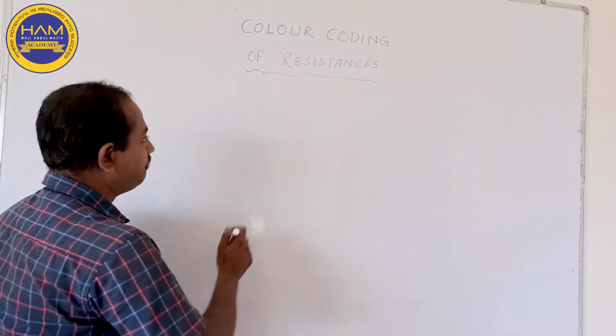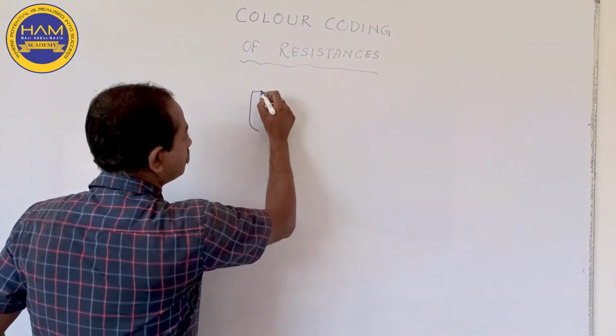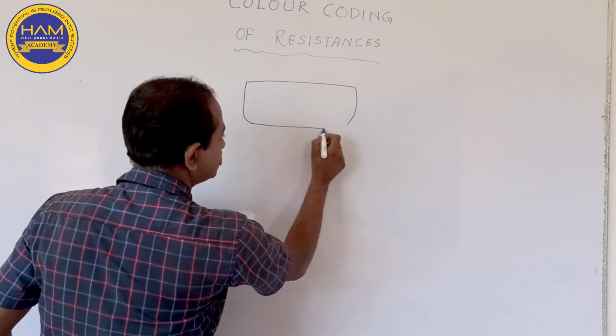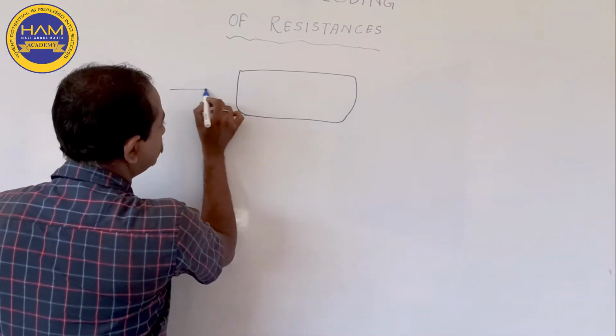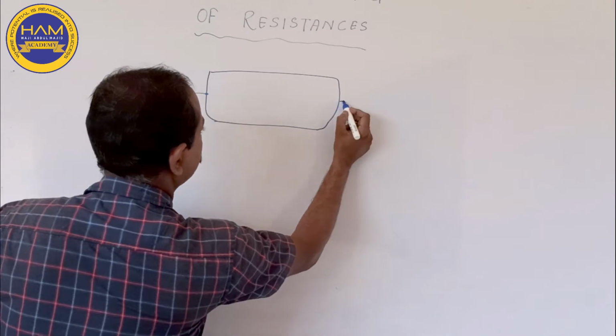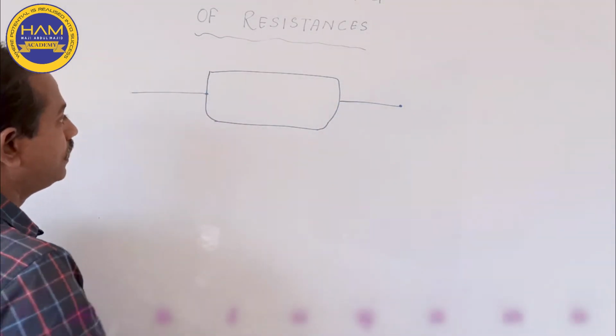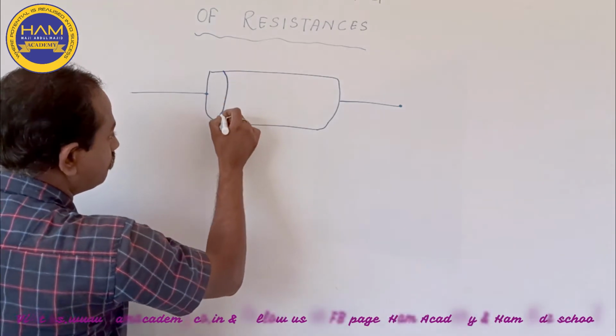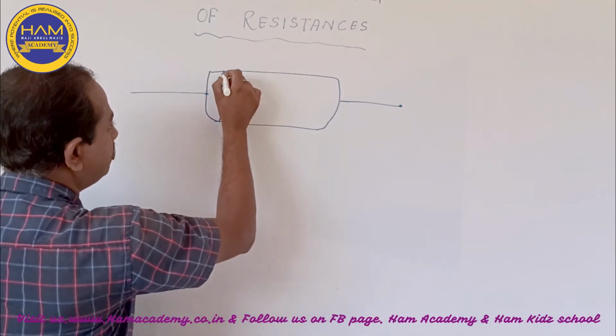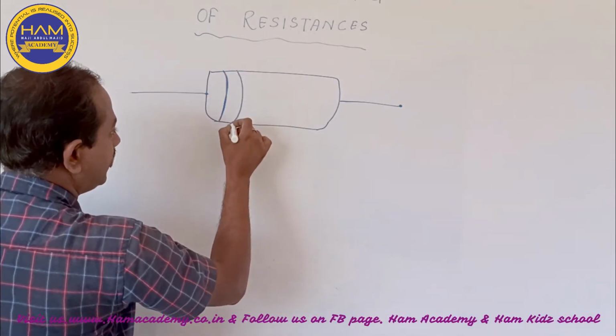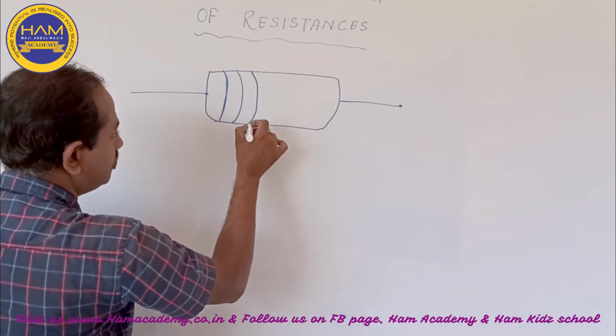Okay, for example, let us see that this is a resistor which we often get from the market, having two ends with wire. Then we have this first line, the second line, followed by a third line.